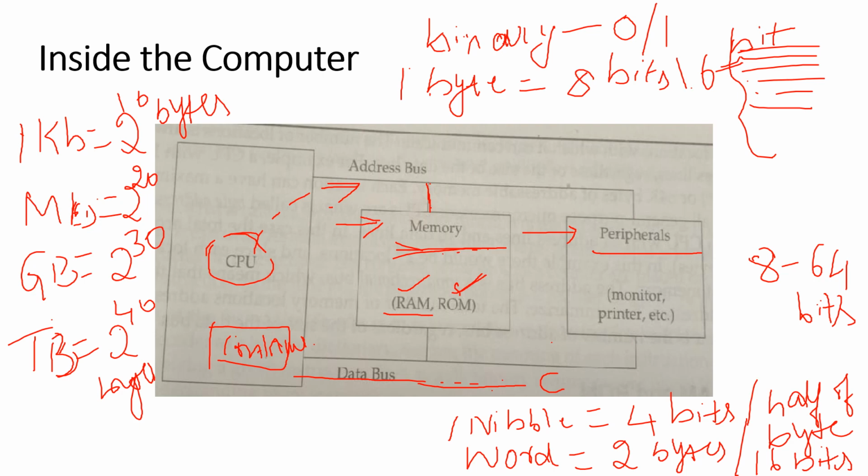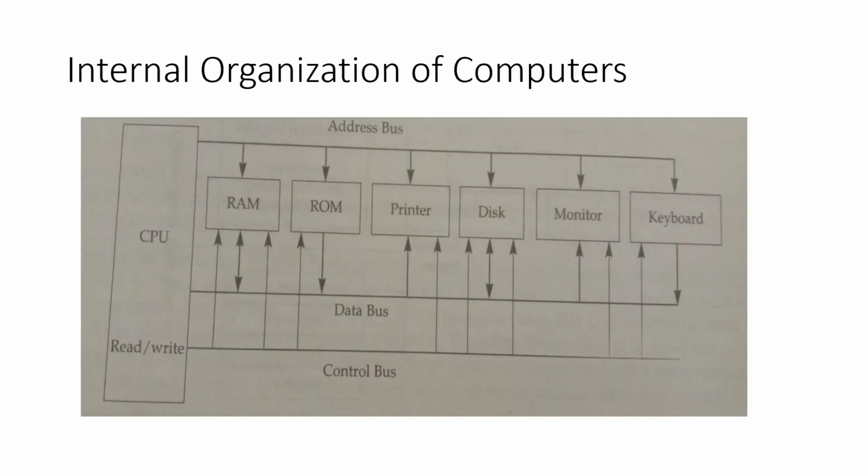Now let us move on to the internal organization of a computer. Basically we know that computers are broken into 3 parts: CPU, memory and I/O.